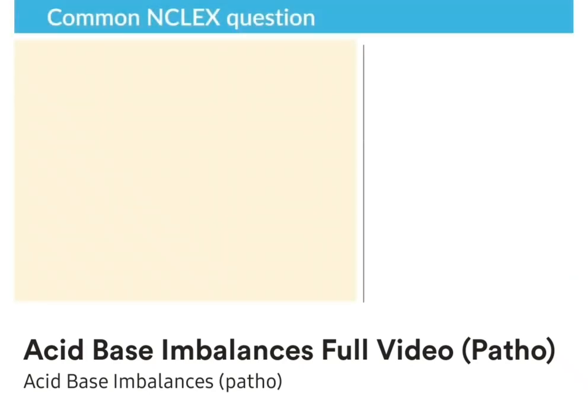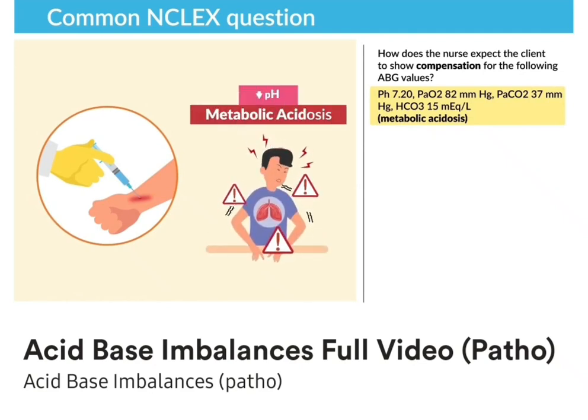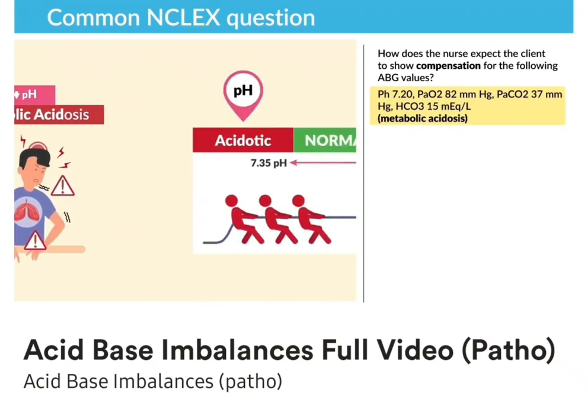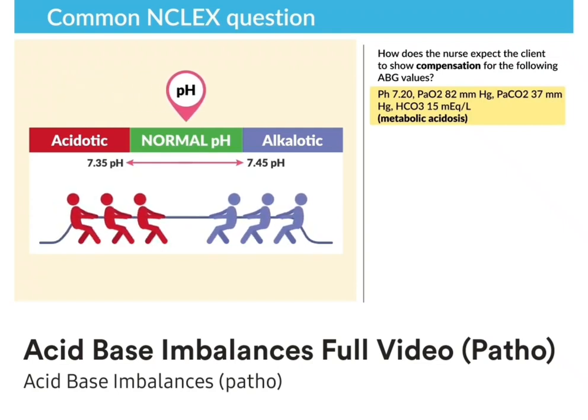So a common NCLEX question gives you ABG numbers for a client in metabolic acidosis, asking how does the nurse expect the client to show compensation? And a little side note, don't worry about interpreting all these crazy numbers, we'll break this down next. So just think metabolic acidosis, right?